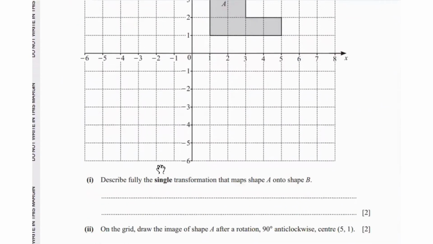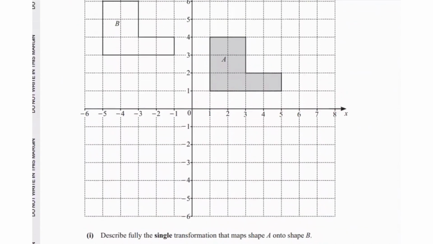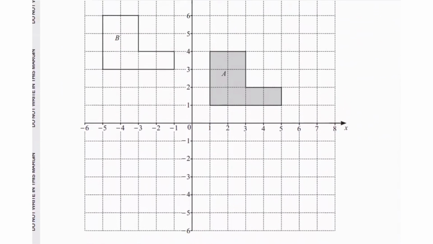Then in part B, it's saying describe fully the single transformation that maps shape A onto shape B. So we can see that the size of the shape is exactly the same, so is the direction, which means it's a translation. So for shape A onto shape B, we need to first highlight two corresponding points and then see how that coordinate has changed.